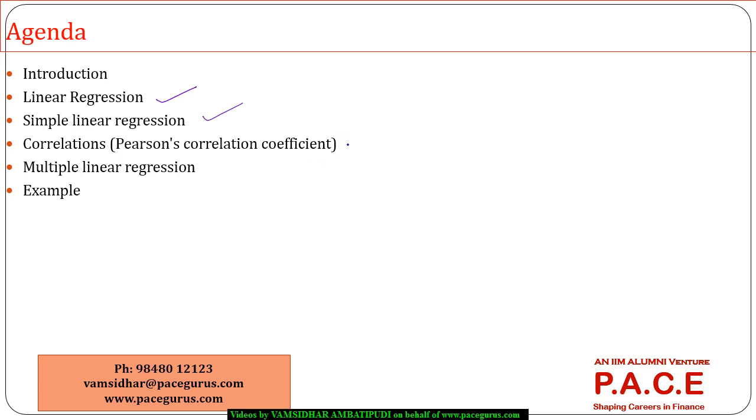We'll see what simple linear regression is all about, and the role played by correlation in the process of regression. Then an extension of simple linear regression called multiple linear regression. Once we get a basic hold on the overall regression process, we'll take an example, model the data, and do the prediction using regression as a mechanism.